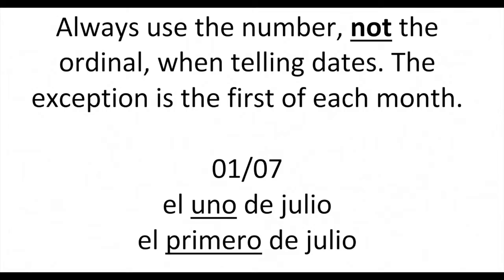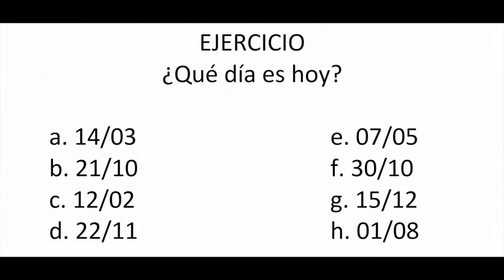So in the example that you have there, it's the 1st of July, and we can say el 1 de julio, using just the cardinal number, or you could say el primero de julio.